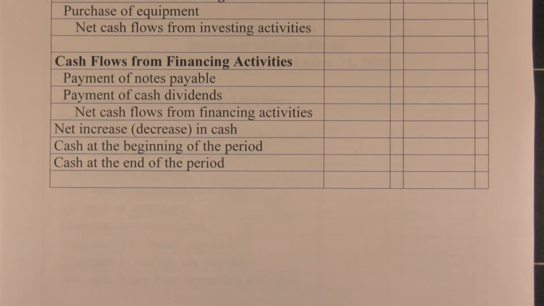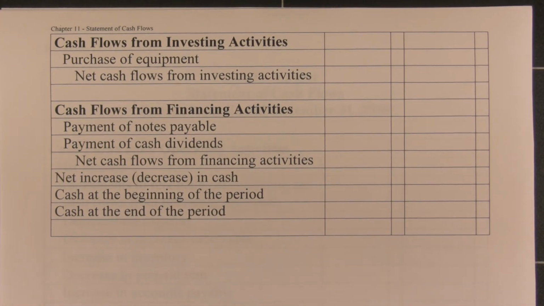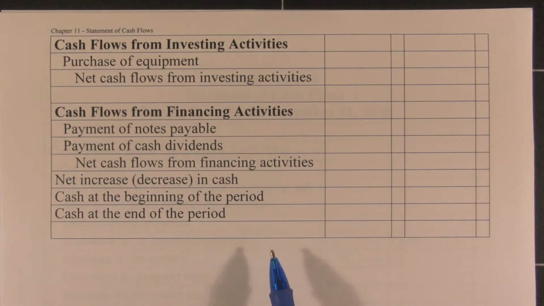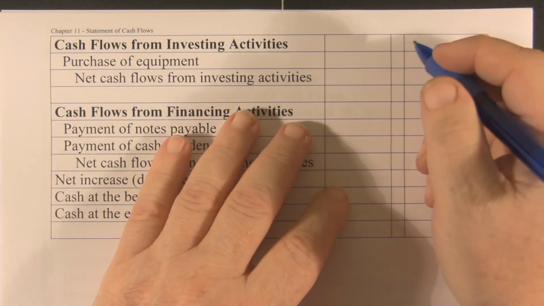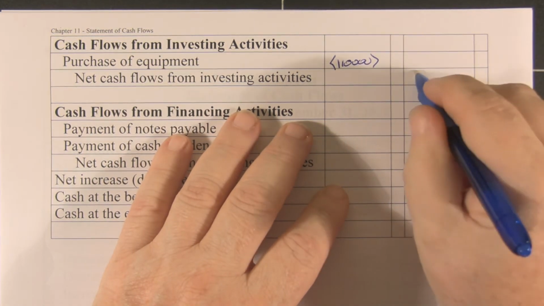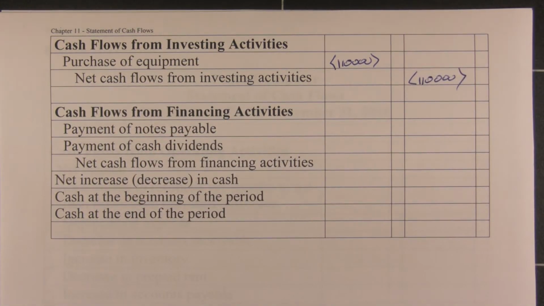So we take a look at our cash from investing activities and our cash from financing activities, and then our summary change in cash. Well, they tell us in the additional information that we purchased equipment for $110,000. Well, if we purchased equipment, cash goes down $110,000. And you can see that on equipment. You can also see it in the information below.